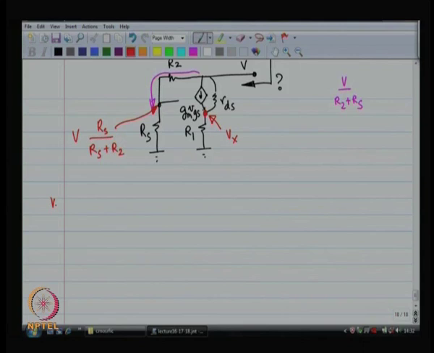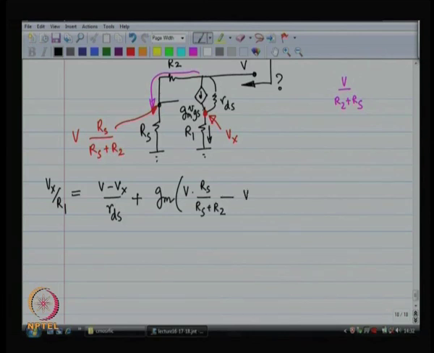So, Vx by R1, that is the current going downwards, that is equal to V minus Vx by Rds plus Gm times Vgs, where Vgs is equal to this quantity.